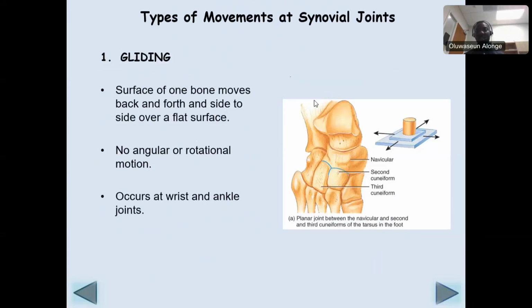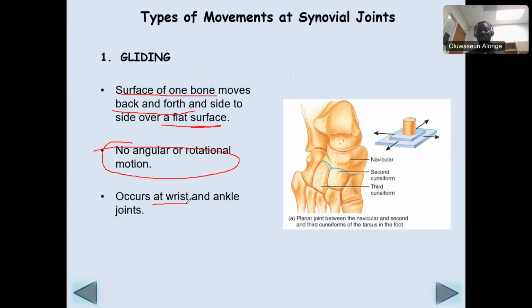The gliding movement simply means that there is a bone gliding on a surface. So the surface of one bone moves back and forth, and side to side, over a flat surface. In this movement, there's no angular movement and no rotational movement.